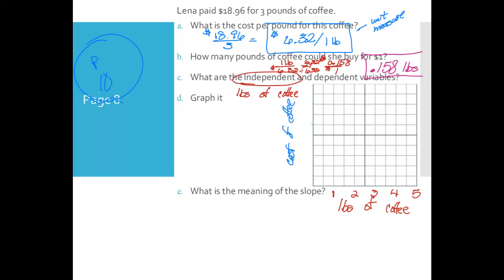So if I need to graph it, we know how much it costs for 3 pounds of coffee, right? But I've got to put some numbers over here. Let's say this is $5, and let's say this is $10. Remember, every interval has to be the same.